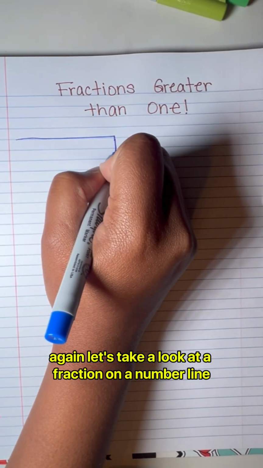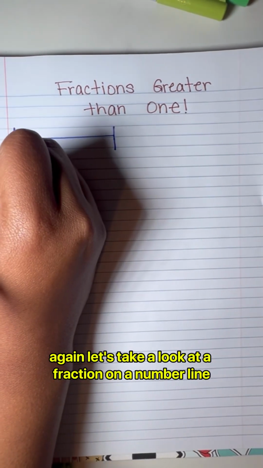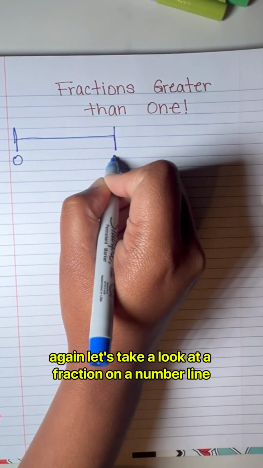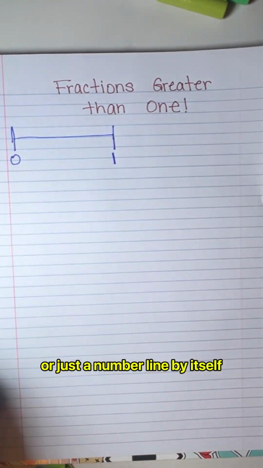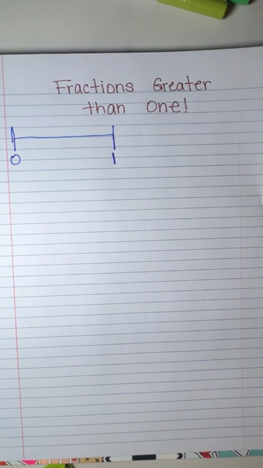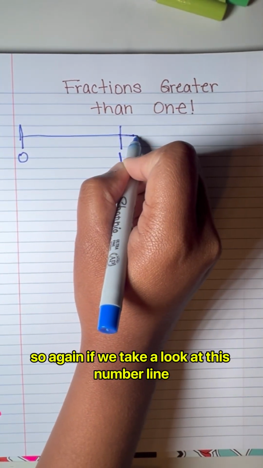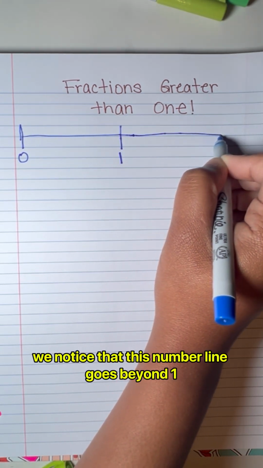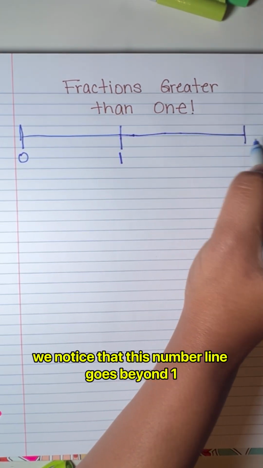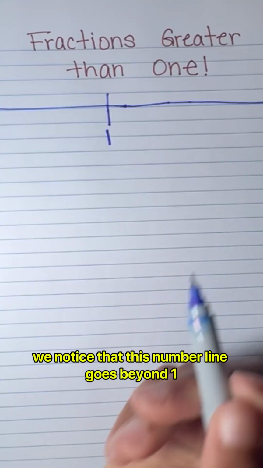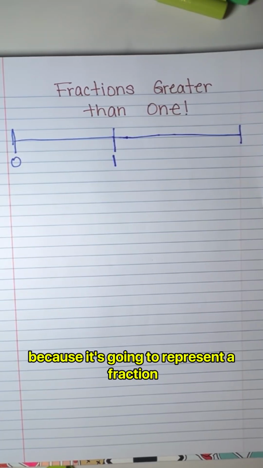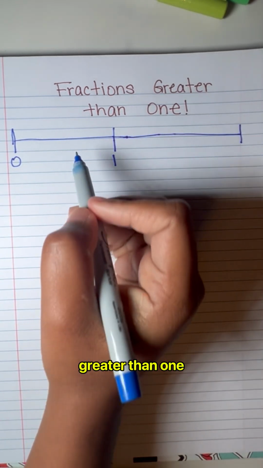Again, let's take a look at a fraction on a number line, or just a number line by itself. So again, if we take a look at this number line, we notice that this number line goes beyond 1 because it's going to represent a fraction greater than 1.